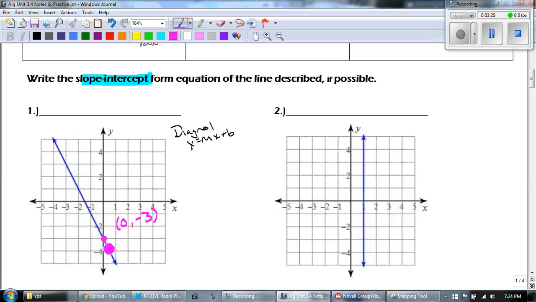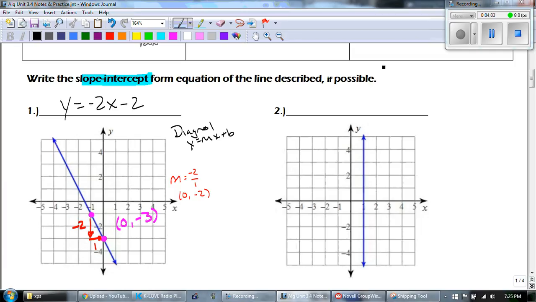Now I need another point. This works right here. I'm going down 2 over 1, so my slope is -2 over 1. My y-intercept is (0, -2). So that means I have y equals -2x minus 2.